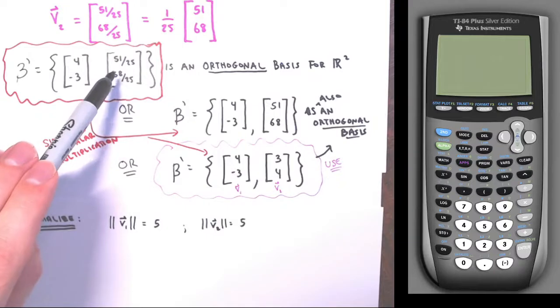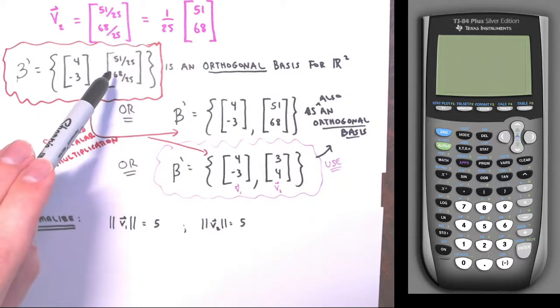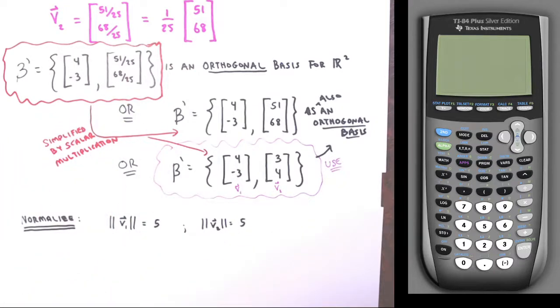So the norm of this vector would be 17/25ths times 5, or just 17/5ths. And then I'd multiply by 5/17ths and get our unit vector. And we'd end up with the same unit vector, right? Because when you're looking at a vector in any direction, there's only one unit vector that points in that same direction, right? So you're always going to end up with the same result when you normalize.